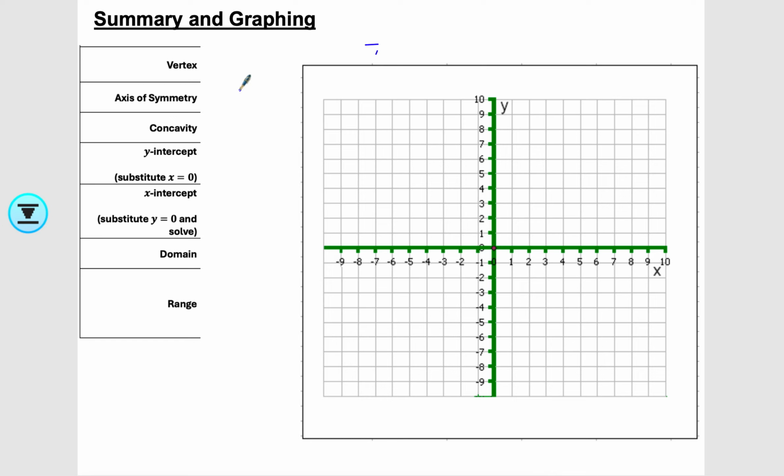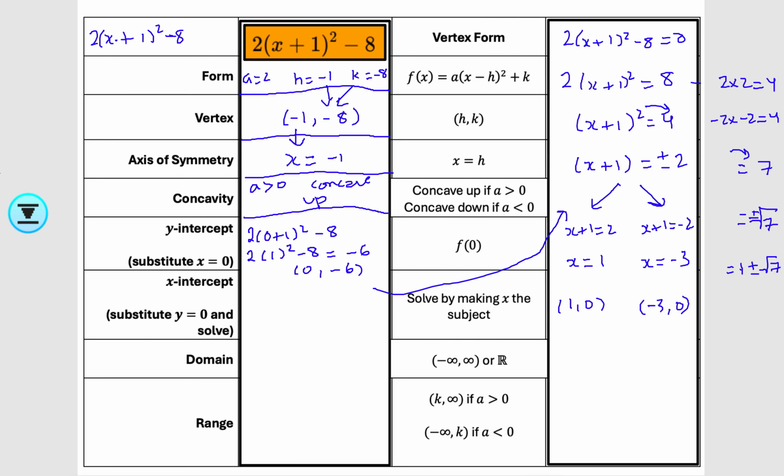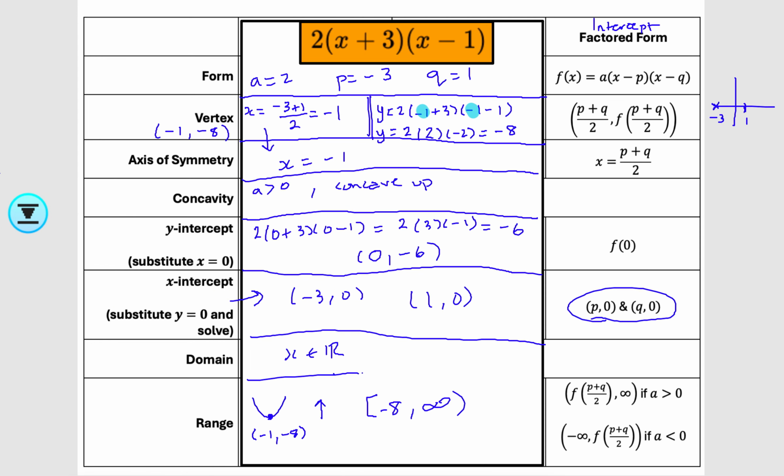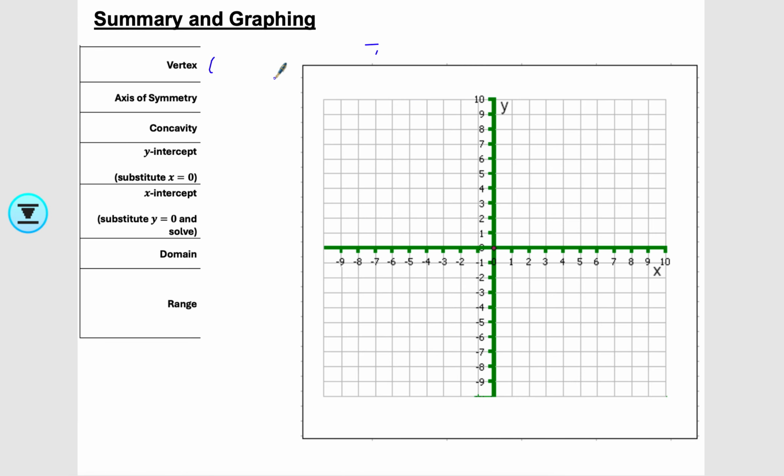So let's just summarize all the values we have. If you've noticed, hopefully by now, it's the same function all throughout. Actually, we just did it in different forms. So for all of them, we have the vertex as -1, -8. The axis of symmetry is x equals -1. The concavity is up. The y-intercept is 0, -6.